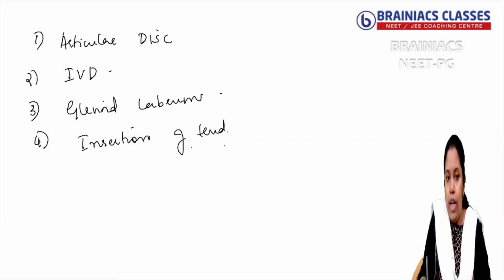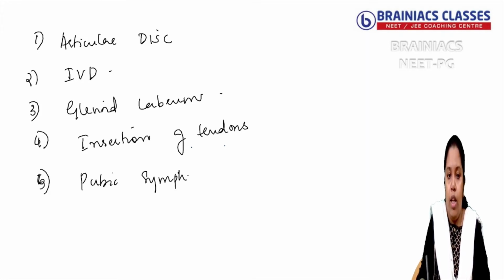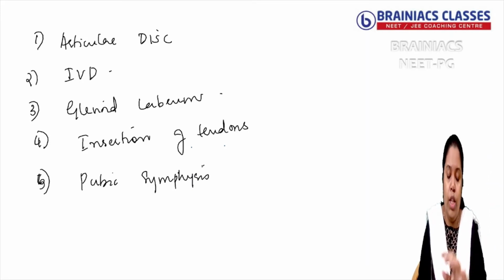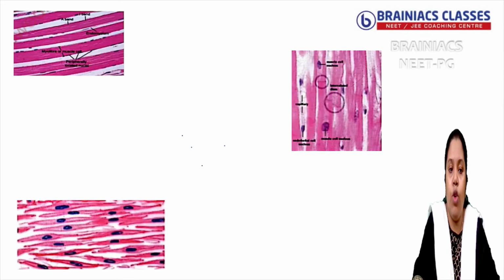If you have cartilage there, it will be fibrous cartilage. Then at the pubic symphysis. So this is the location of the fibrous cartilage. With this we have completed the cartilages. We have seen the classification, the fibers, the cells, everything. Now we are moving on to the muscles.